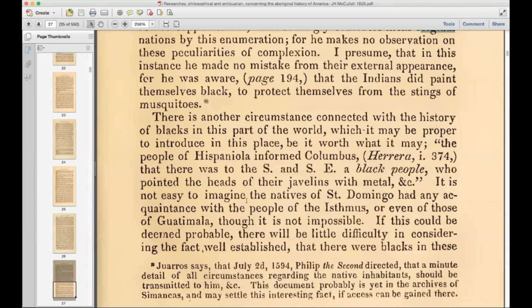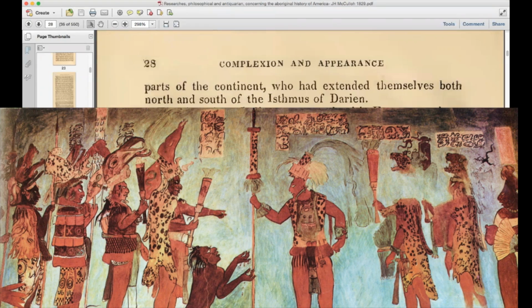It is not easy to imagine the natives of Santo Domingo had any acquaintance with the people of the Isthmus, or even of those of Guatemala, though it is not impossible. If this could be deemed probable, there will be little difficulty in considering the fact well established that there were blacks in these parts of the continent who had extended themselves both north and south of the Isthmus of Darien.